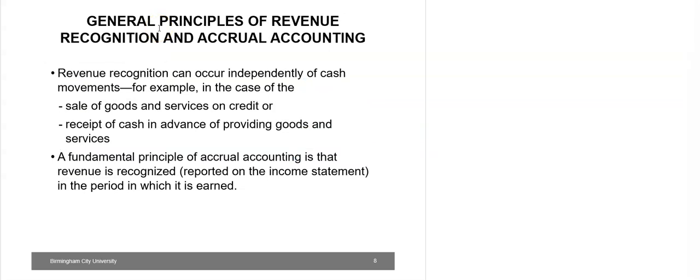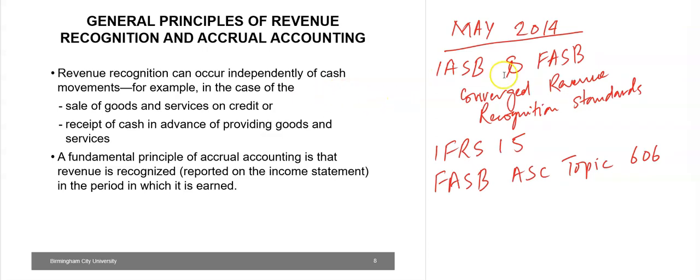Next, we understand the general principles of revenue recognition and accrual accounting as per the International Financial Reporting Standards as well as the US GAAPs. Before we go forward, please note that in May 2014, the International Accounting Standards Board and the Financial Accounting Standards Board converged the revenue recognition standards, which are the IFRS 15 related to revenue recognition from contracts and the FASB ASC topic 606, which also deals with revenue recognition from contracts.